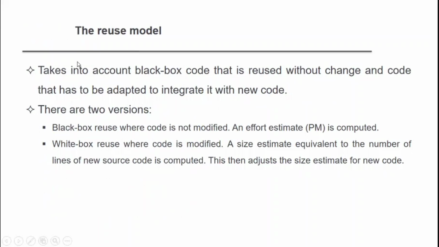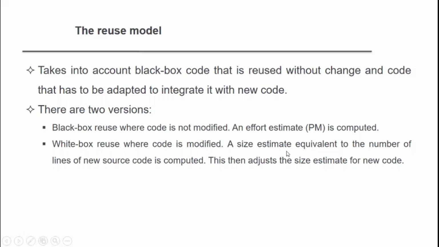The reuse model takes into account black box code that is reused without change, and code that has to be adapted to integrate it with new code. There are two versions: black box reuse, where code is not modified and the effort estimate is computed, and white box reuse, where code is modified.